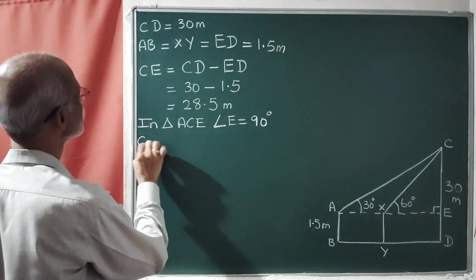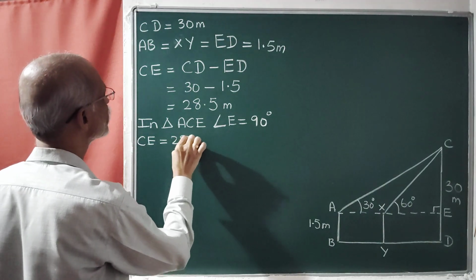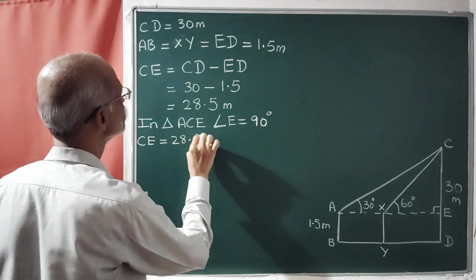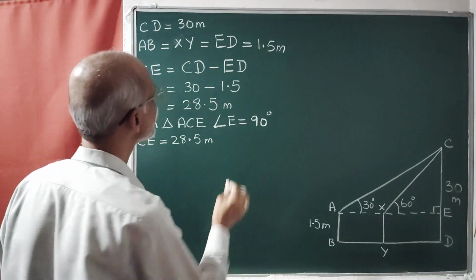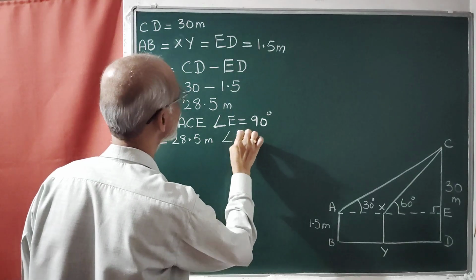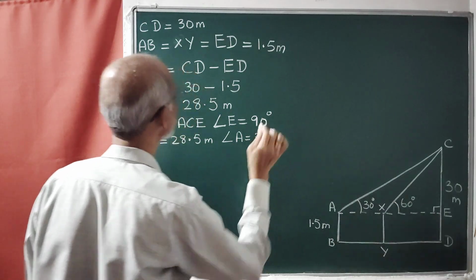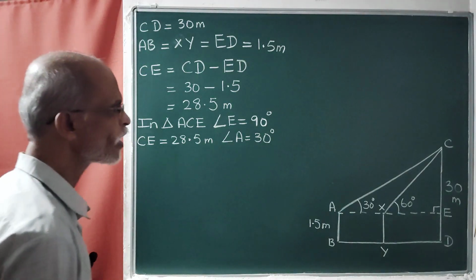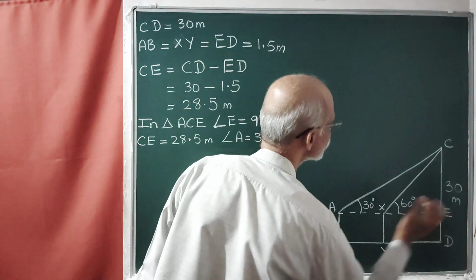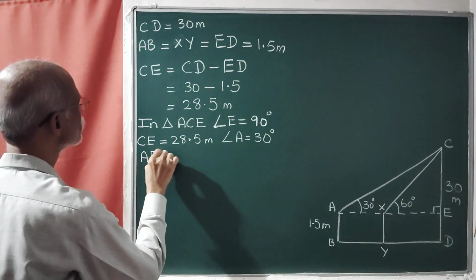CE is equal to 28.5. Then angle A is equal to 30 degrees. In this triangle, we will find the value of AE.